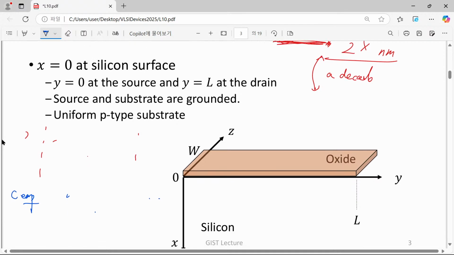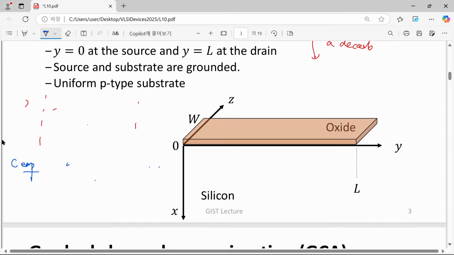So let's go to this structure. Here we have a three-dimensional structure: X, Y, and Z, and the Z direction is assigned to the most insignificant direction, the width direction. We will just consider everything homogeneous along the Z direction.